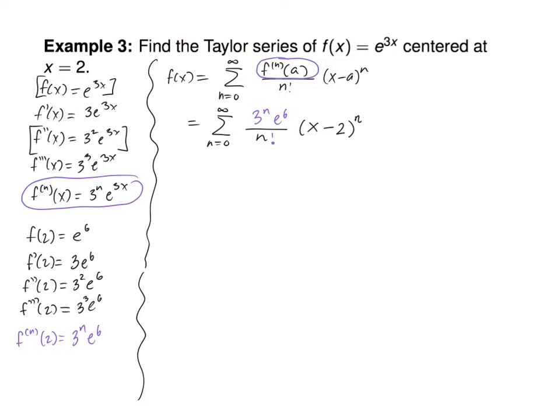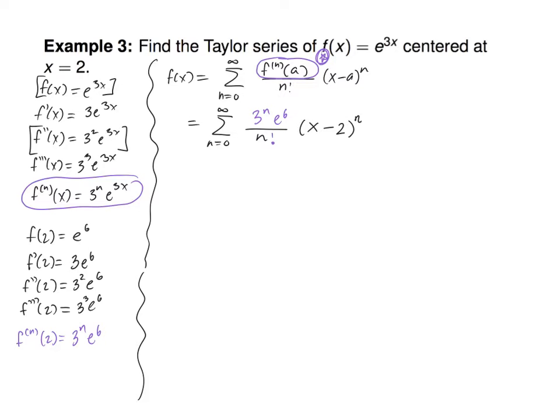Not 3, 2. Yeah, 3 to the n. The way you figure these things out is you look for a pattern in the derivatives, which hopefully is easy to spot. It won't give you things that are super difficult to spot. Then you plug that pattern in for the nth derivative at a.